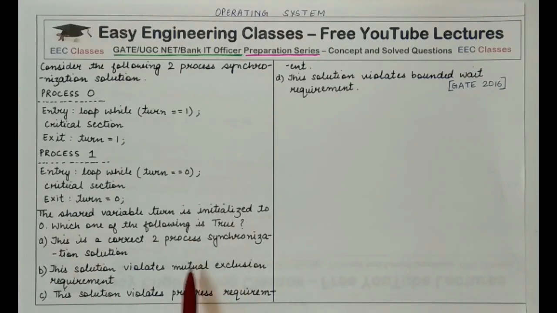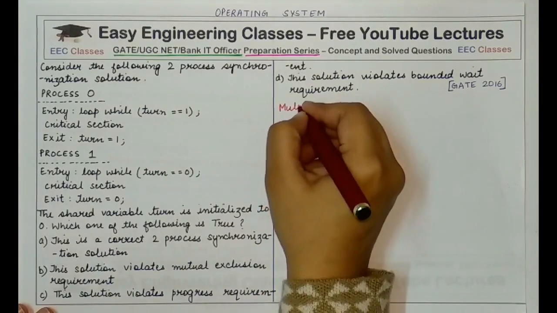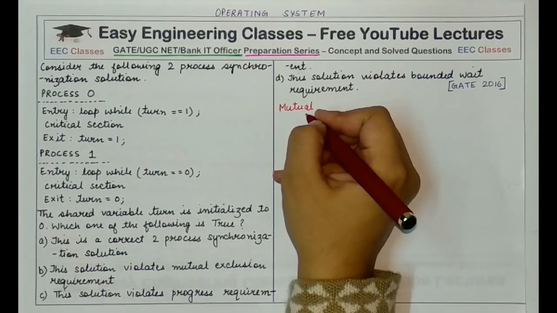So starting with mutual exclusion, what is actually mutual exclusion? Mutual exclusion means that at any particular time only one process can execute in its critical section, and at no time two processes would be simultaneously having access to their critical section.